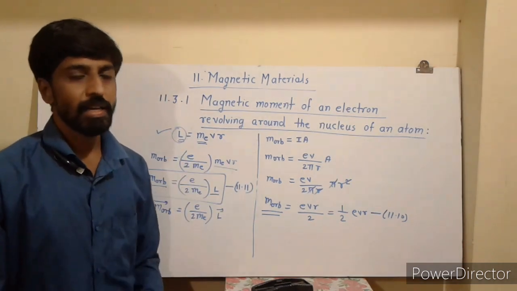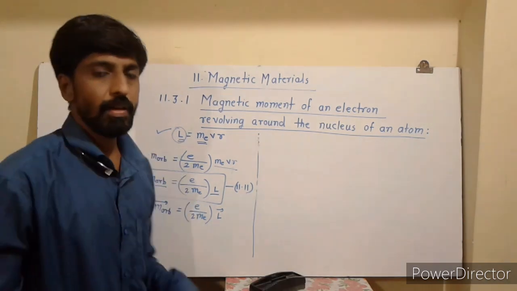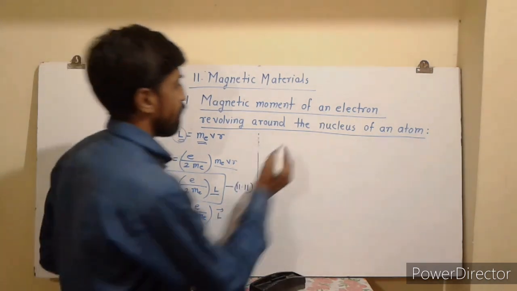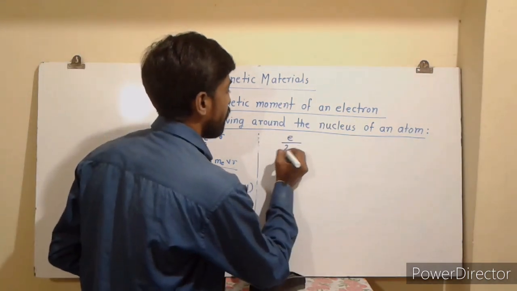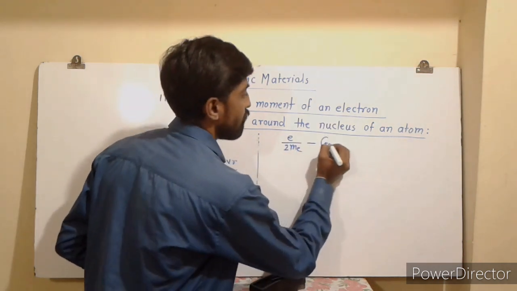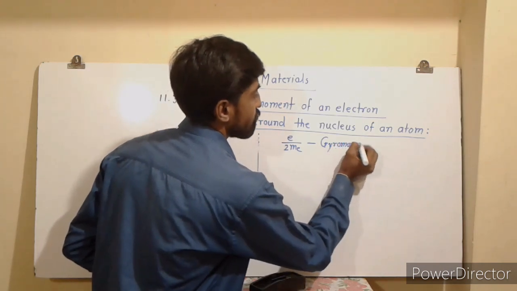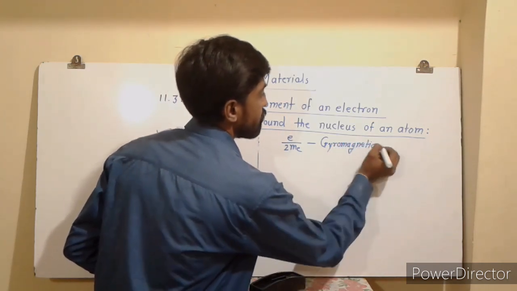The same result can be obtained by using quantum mechanics. Here, e divided by 2 m e is the ratio which is known as the gyromagnetic ratio.